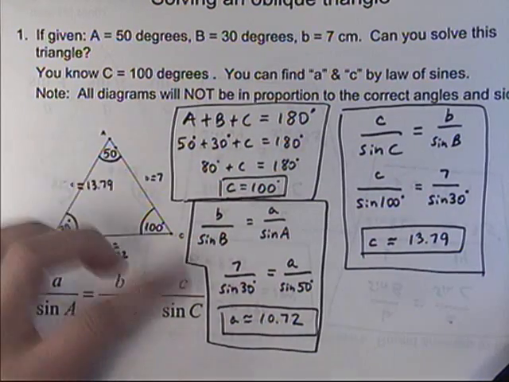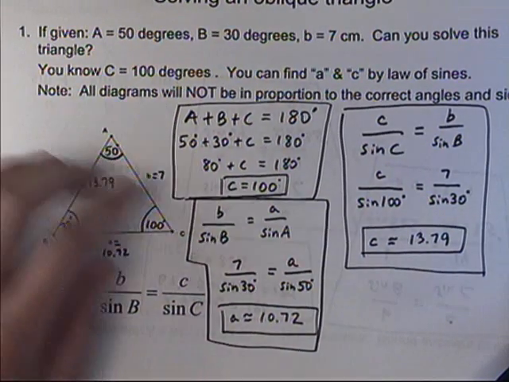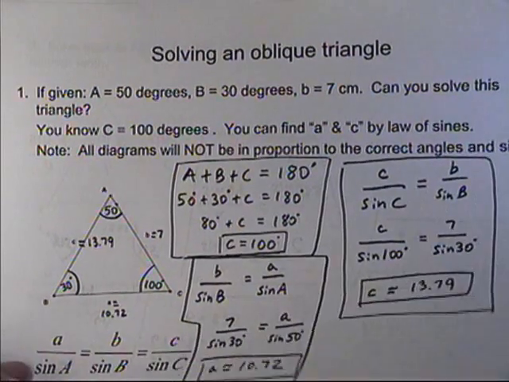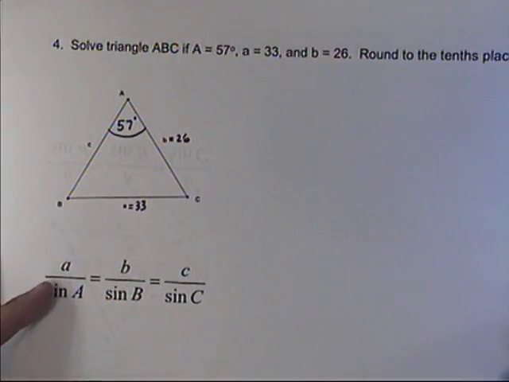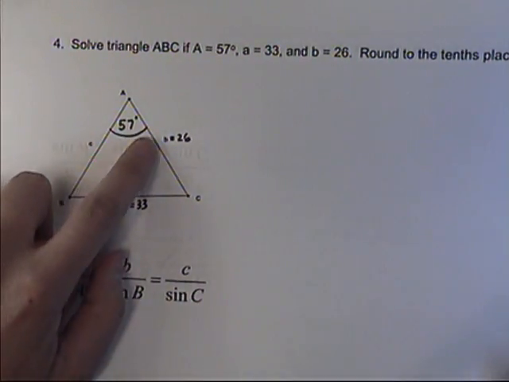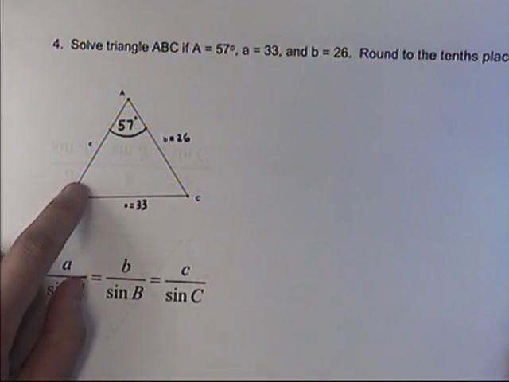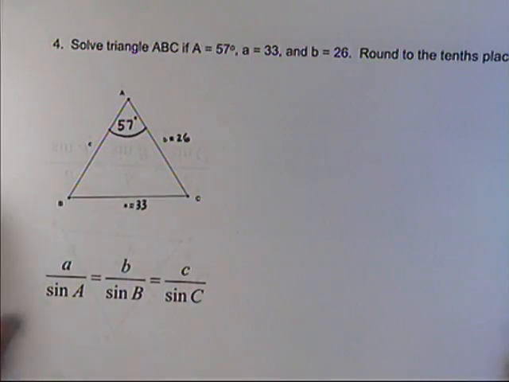They're only supposed to be used as labeling devices. They're not actually supposed to look like the triangles that we're drawing, okay? So, keep that in mind as we look at this triangle. This actually does look like about 57 degrees, but that doesn't necessarily mean that these are going to be the same, okay?